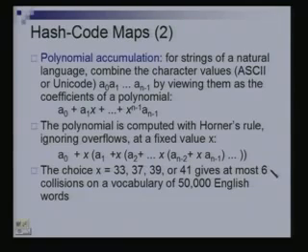You will have at most 6 collisions. There is no theory behind it, this has been observed experimentally. So this is some experimental study in favor of this kind of a hash code map.